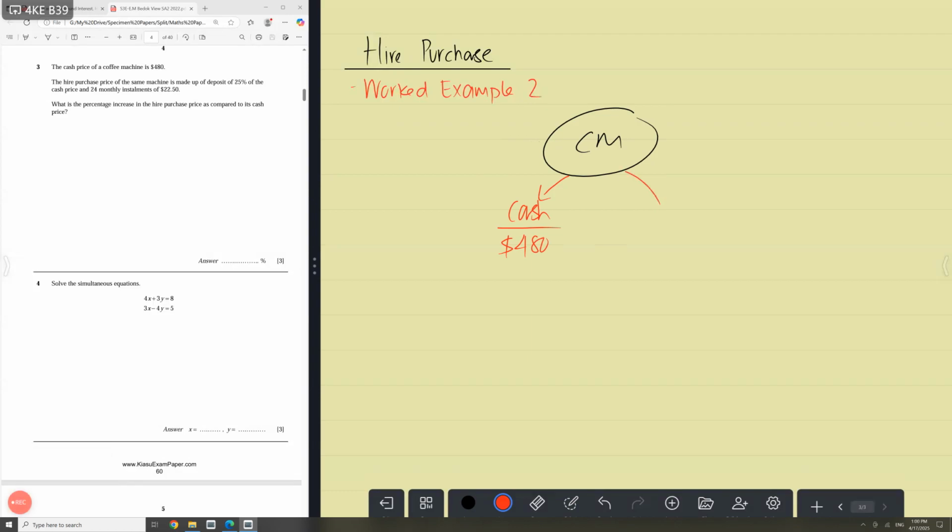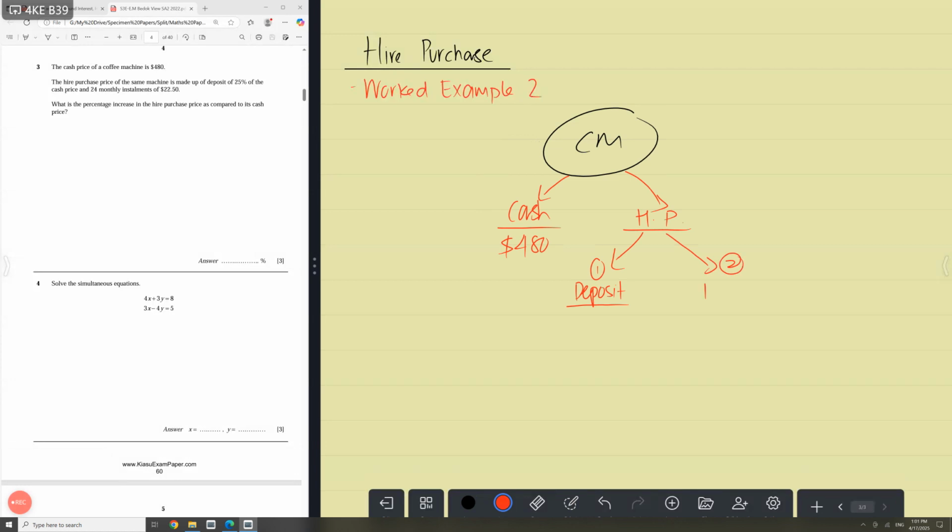If you go by the hire purchase, HP here, you have two parts in this payment. The first portion is your deposit. That means you pay a little bit of money to bring it home, and then every month you pay a few more amounts of money to finish up paying the balance.